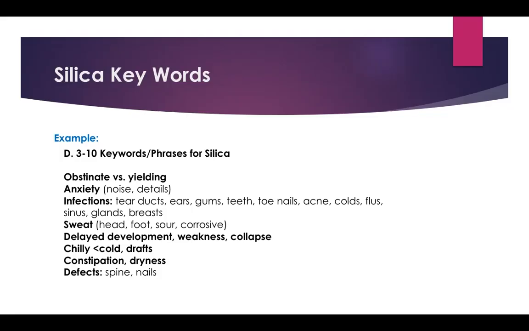So those are words that you can memorize, and then you can go back to your themes and add the more detail. So you know what kind of anxiety silica has, or you know what kind of infections they have. So you can go both ways to help with your memorizing.